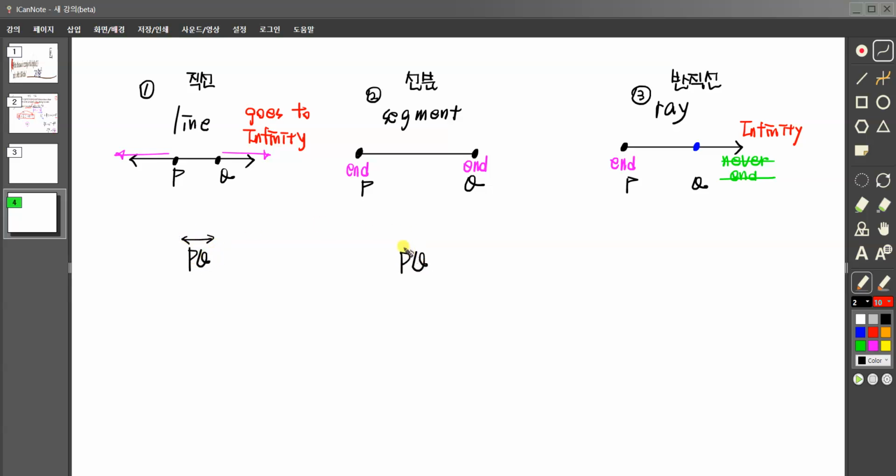And PQ with no arrow, from P to Q. So there are these three lines.